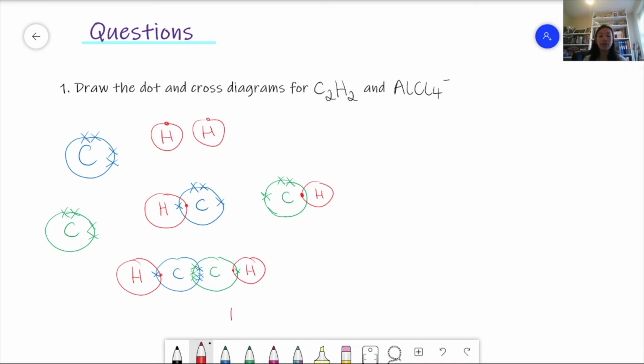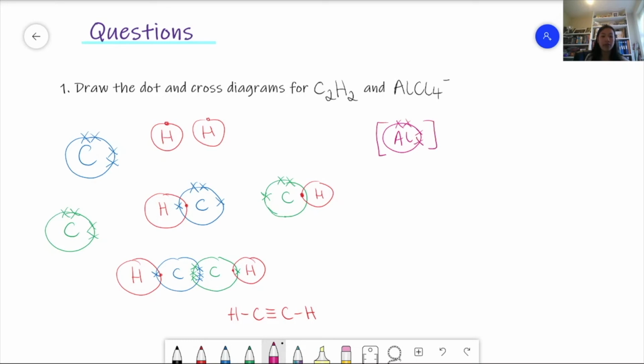So the stick diagram would be like this. So for AlCl4-, we have an aluminium 1- ion. Because aluminium's in group 3, it normally has 3 electrons in the outer shell, but we now have 4.